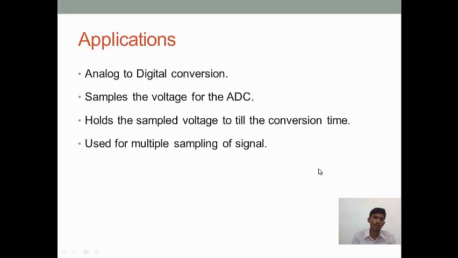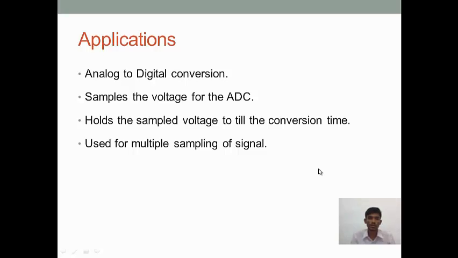Applications. As I told you, this is the most integral part of the ADC, or analog to digital converter. During analog to digital conversion, we need to sample the voltage. The analog input voltage we are converting has to be sampled before being given to the ADC. So for sampling that signal, we use the sample and hold circuitry.